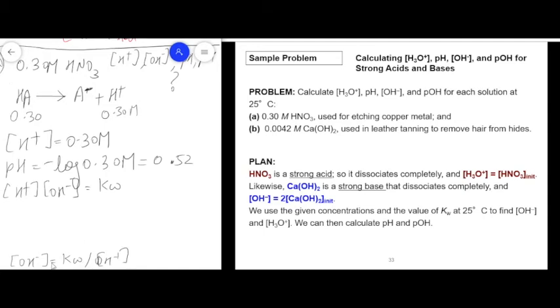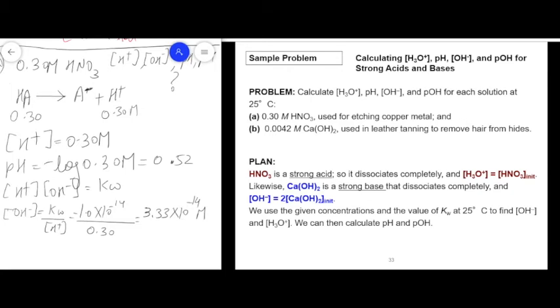Okay, let me rewrite that. We already know this, we just have to solve for OH ion concentration, which will be Kw divided by proton. Kw is 1.0 times 10 raised to the power minus 14, divided by H ion, which is 0.30, and this will give you an answer of 3.33 times 10 raised to the power minus 14 molar.